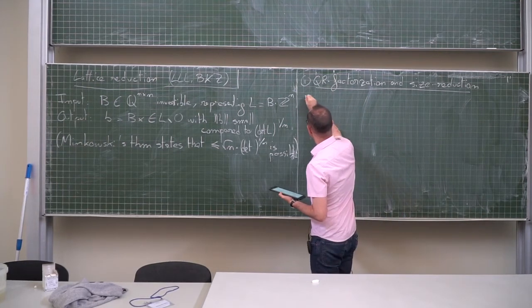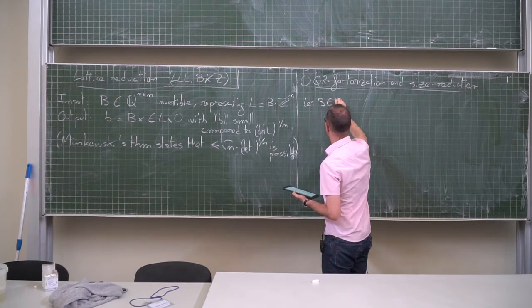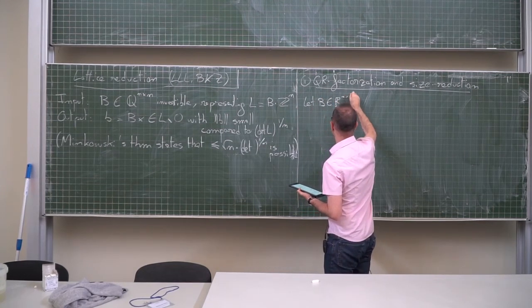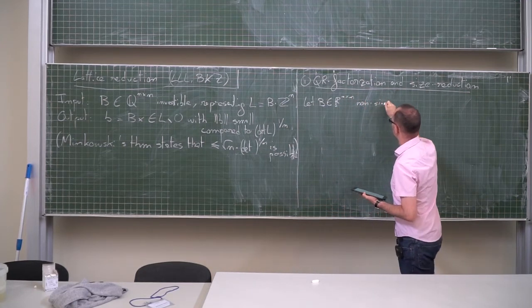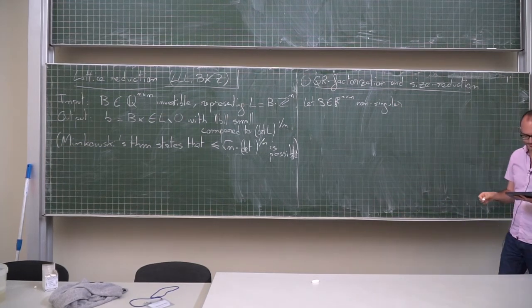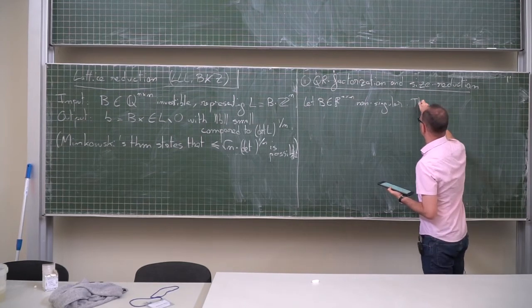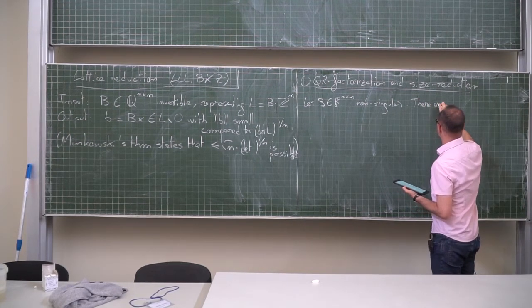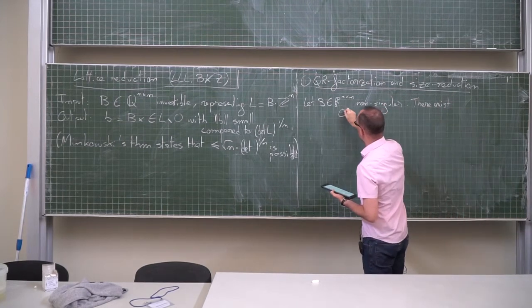Okay, so let B in R^{n×n} be non-singular. Non-singular just means invertible. There exists Q orthogonal.